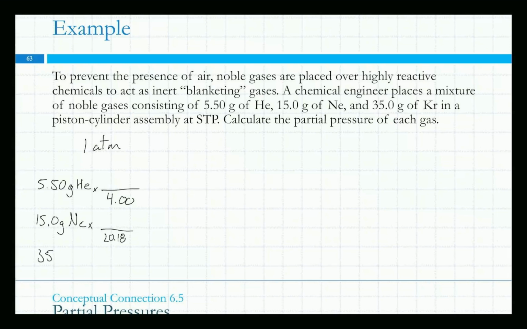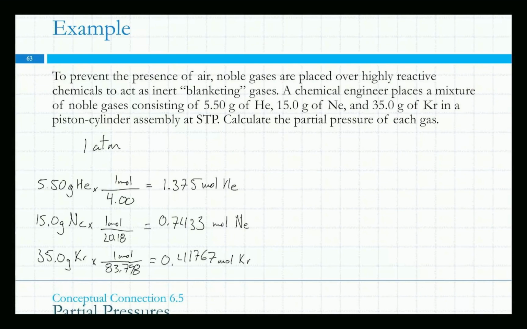And 35 grams of krypton divided by 83.798. 5.5 divided by 4, 1.375. 15 divided by 20.18, 0.7433. 35 divided by 83.798. So it's moles.